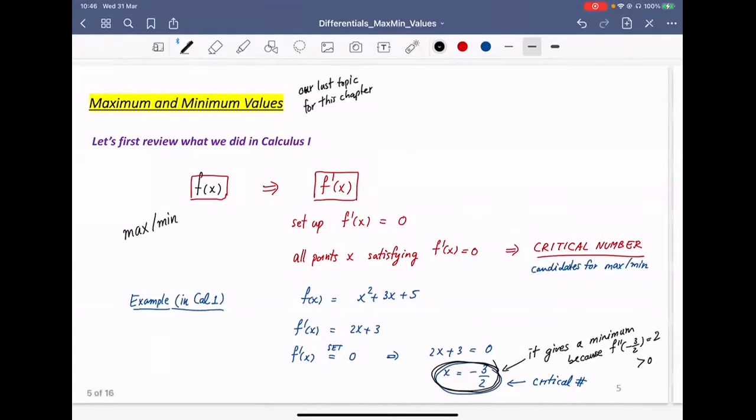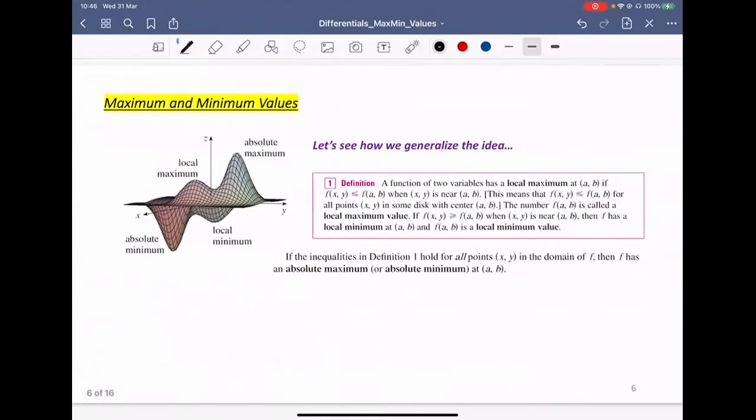Now we are trying to extend the concept into 2 dimensions. First of all, you have to be careful about the words local maximum and absolute maximum.